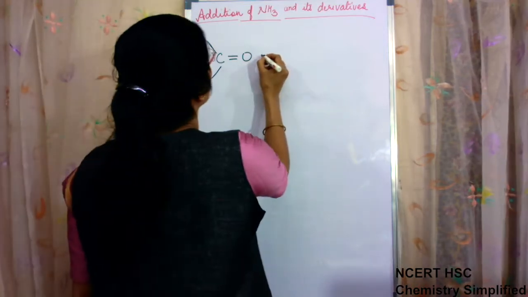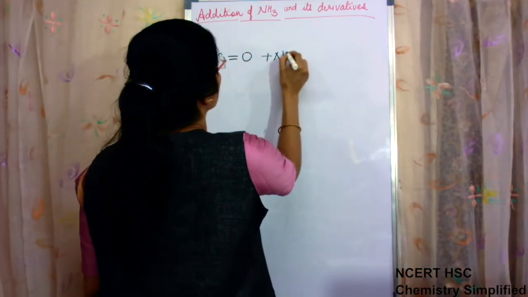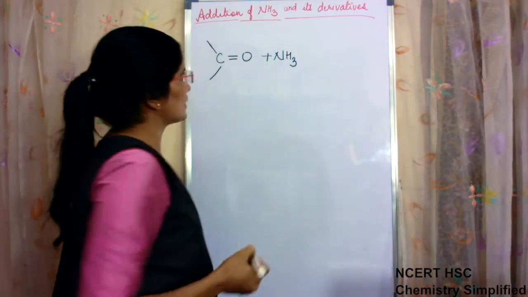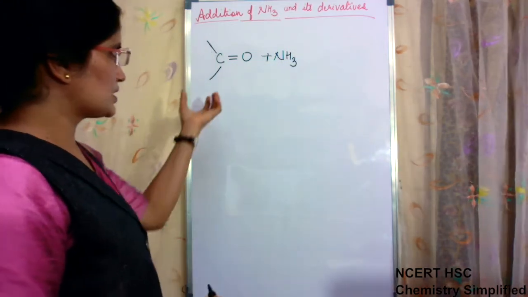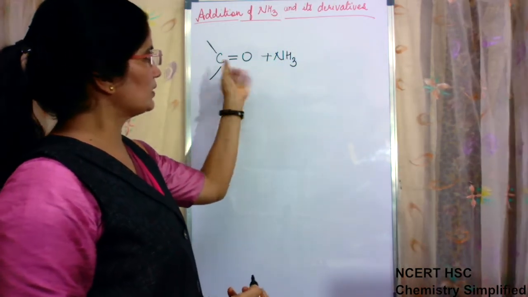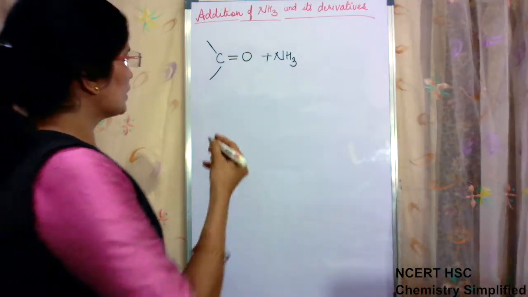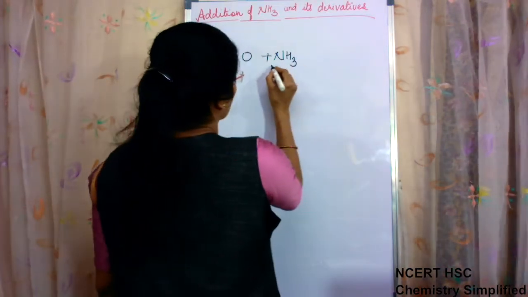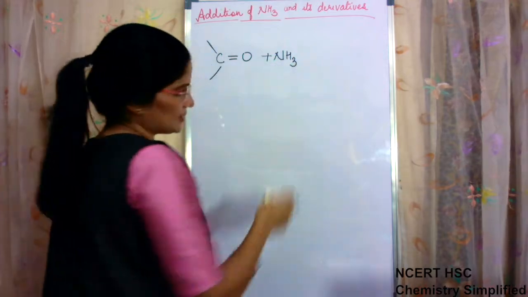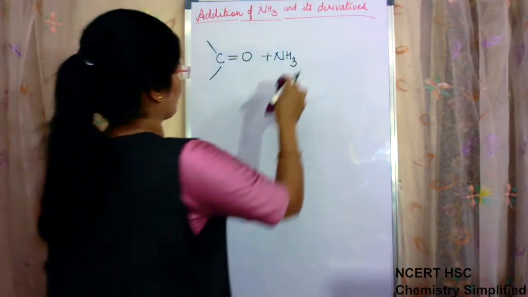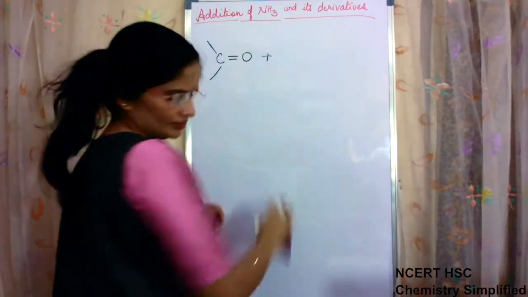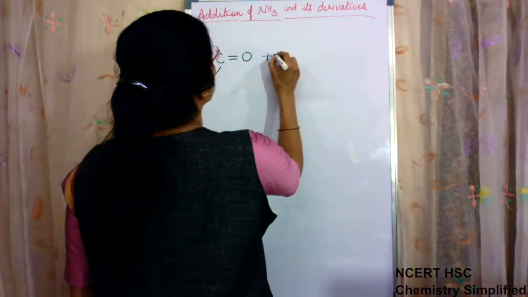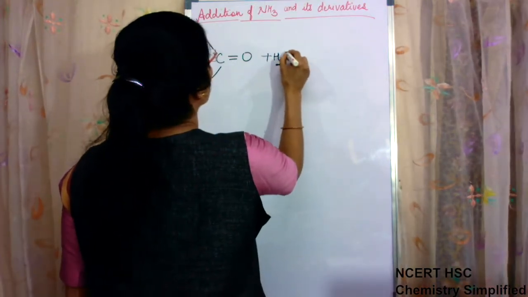Now, if ammonia is added in this reaction, then we can write the product. Instead of writing NH3 as it is, we can write it as H2N-H.